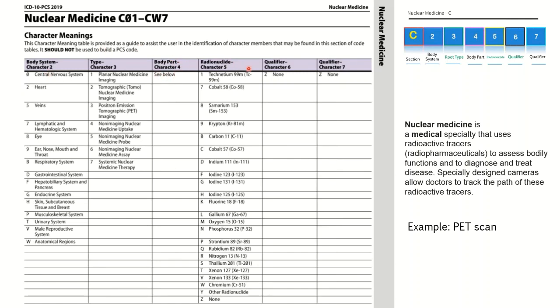Then you've got your radionuclide, your fifth character. You have technetium, I know I'm saying that wrong, but technetium, that radionuclide.